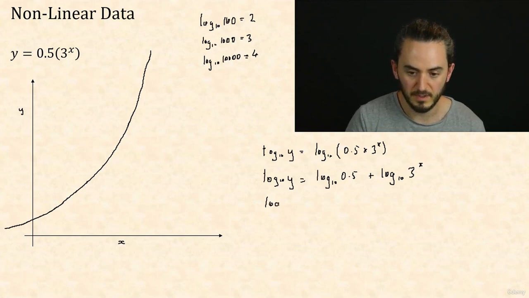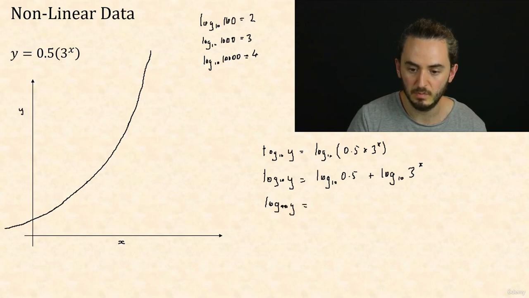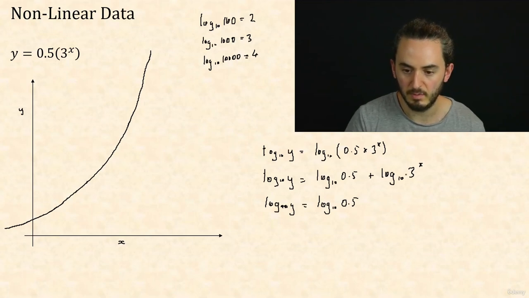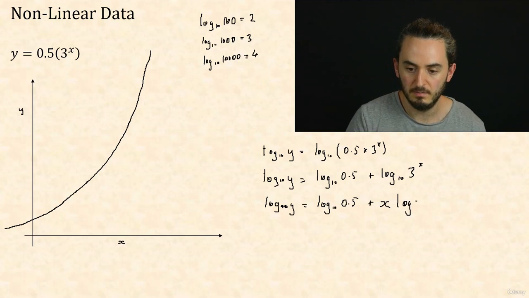I can go a bit further. Log base 10 of y equals, I can't really do anything with log base 10 of 0.5. And what about this? Well, I can bring my power down, x times log base 10 of 3.